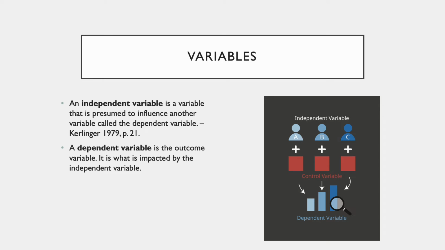Variables need a little more discussion. It is critically important for you to understand the difference between independent and dependent variables. In quantitative studies, concepts are called variables. Variables are measured. If something can be classified into 2 or more categories, it is a kind of variable.